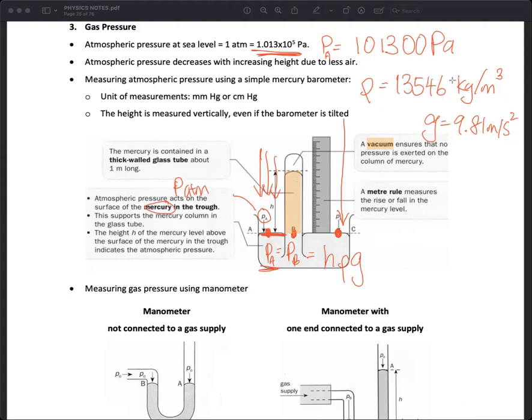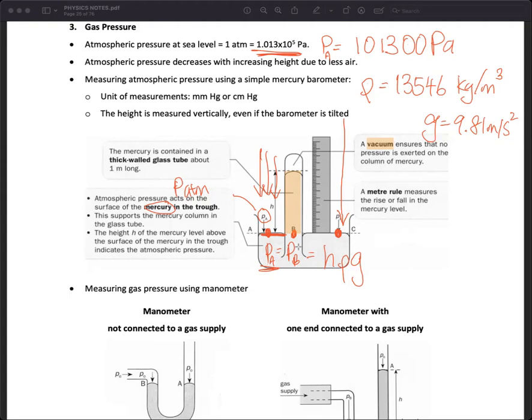So now I want all of you to calculate what this height would be if the vacuum is here and the atmospheric pressure is 101,300 Pascal. Can all of you do that now?